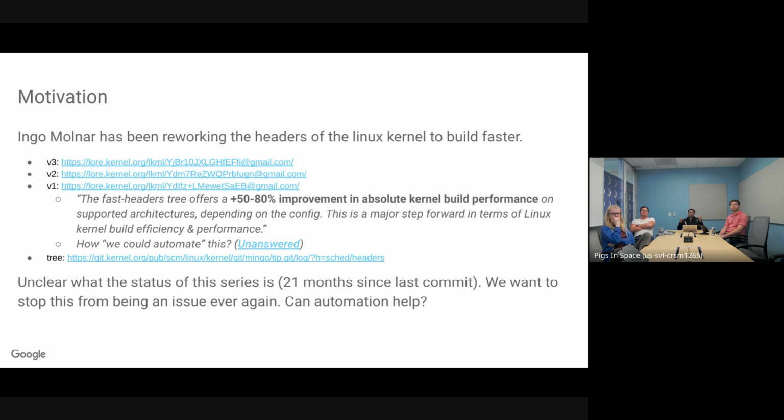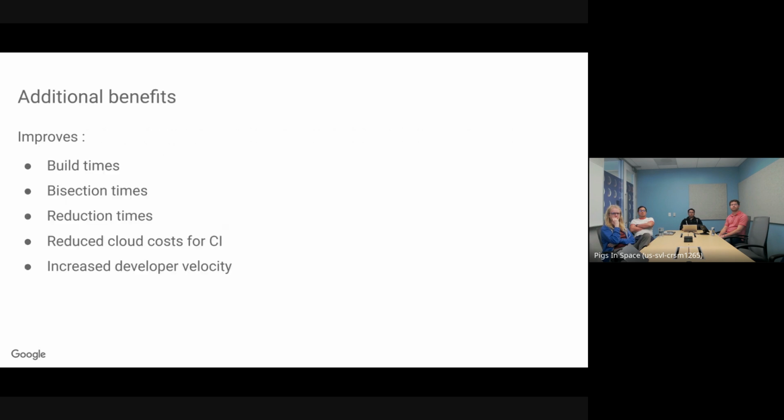But the problem is he did this by hand, and the status of the series is unclear because it's been 21 months since his last commit. So we want this to be something that can be continuous and applied to all parts of the kernel, so that no one has to create a large patch series like this again. This is where we're going to use automation.